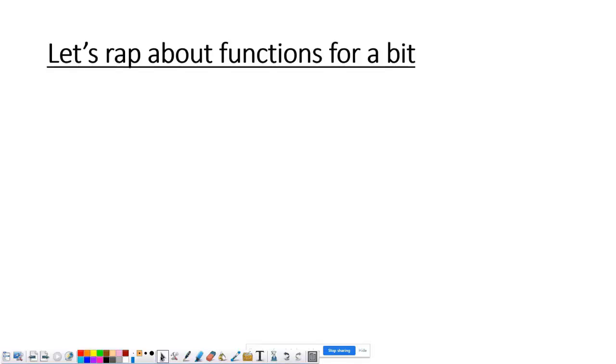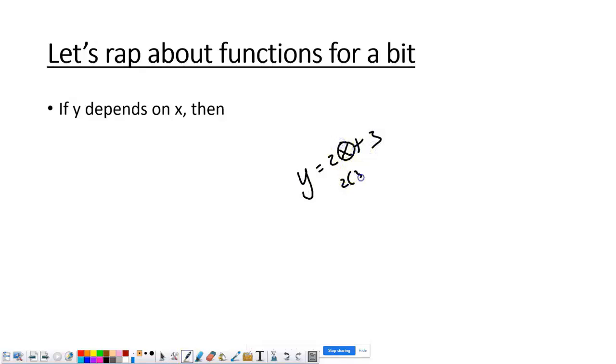Alright, so let's talk about functions for a second here. If y depends on x, that means that the value of y is based on whatever you have for x. So for instance, suppose I gave you this equation right here. Usually what we would do is pick a number to plug in for x, and that would tell us what our y is.